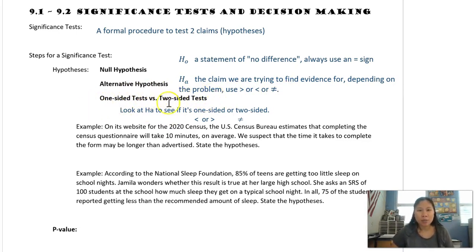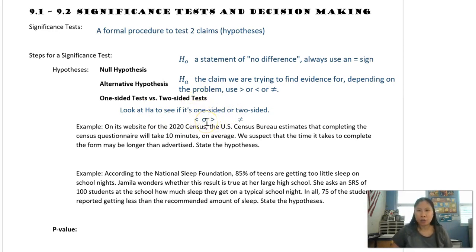This is an important distinction because when we eventually calculate probabilities, you need to know whether it's one-sided or two-sided. The way to tell is you always look at your HA, your alternative hypothesis. If the symbol is either a less than or a greater than symbol, then it's considered one-sided.